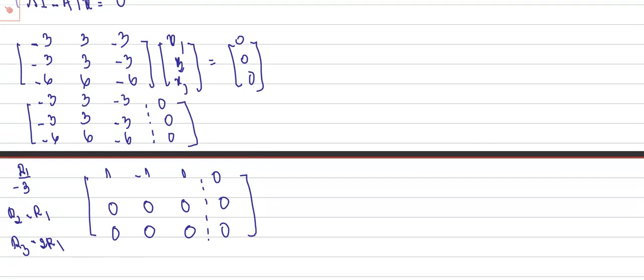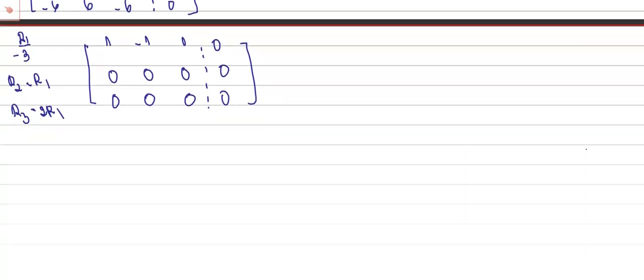So we have only the equation 1. Our equation 1 is x1 minus x2 plus x3 equal to 0. This is linear equation, but one equation have 3 variable or 3 unknown. So we left up to us.